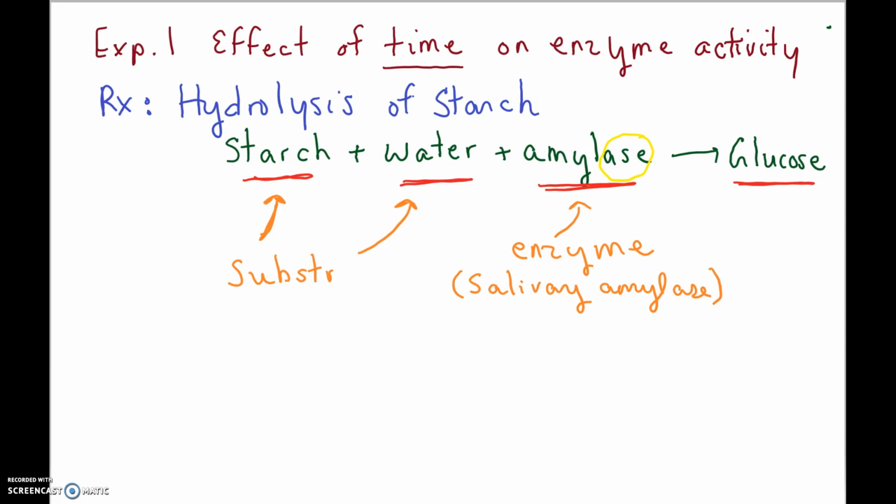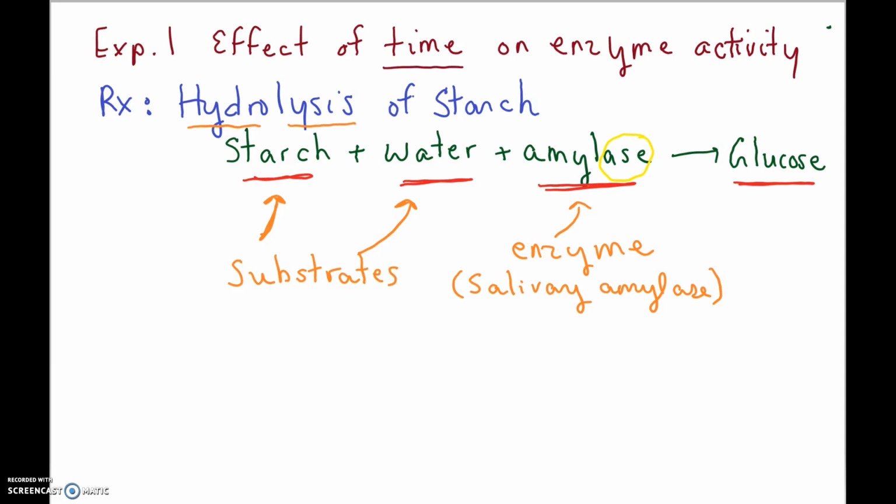So if you remember from a previous chapter where we did the biological molecules, the term hydrolysis is the name of a reaction where hydro indicates water, so that means adding water, which is what we've done here, and lysis means to split. So if we add water to starch and we add an enzyme to catalyze the reaction, we will split the starch.